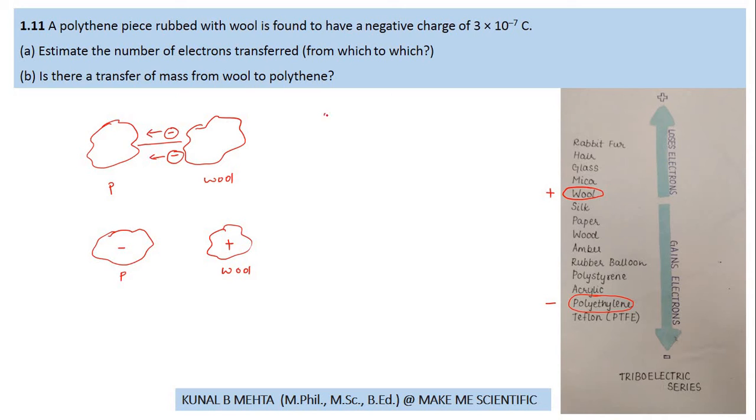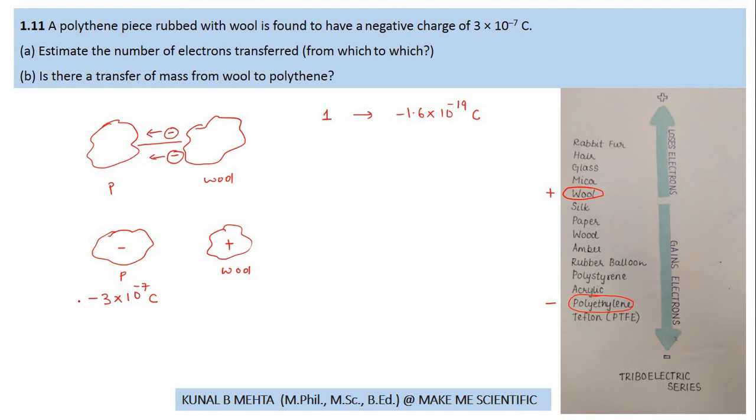Now we know that the charge of one electron is minus 1.6 into 10 raised to minus 19 coulomb. This is the charge of a single electron. Now it is being given that the polythene attains a negative charge of 3 into 10 raised to minus 7 coulomb.